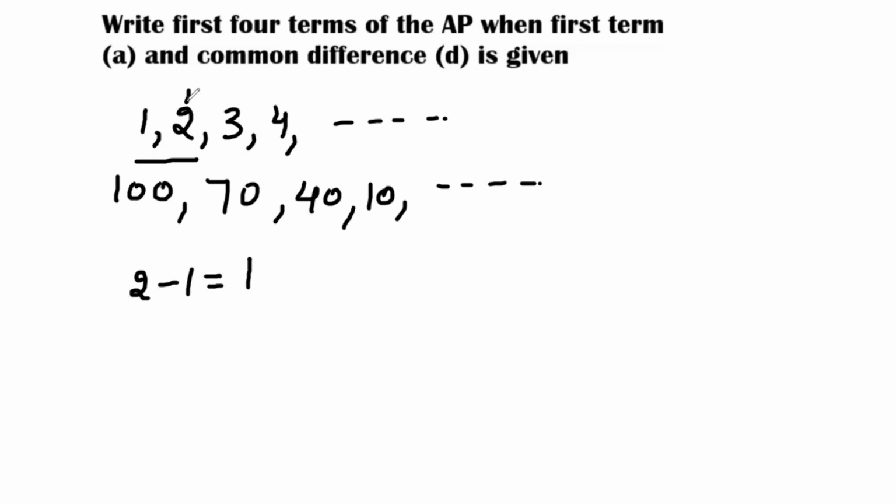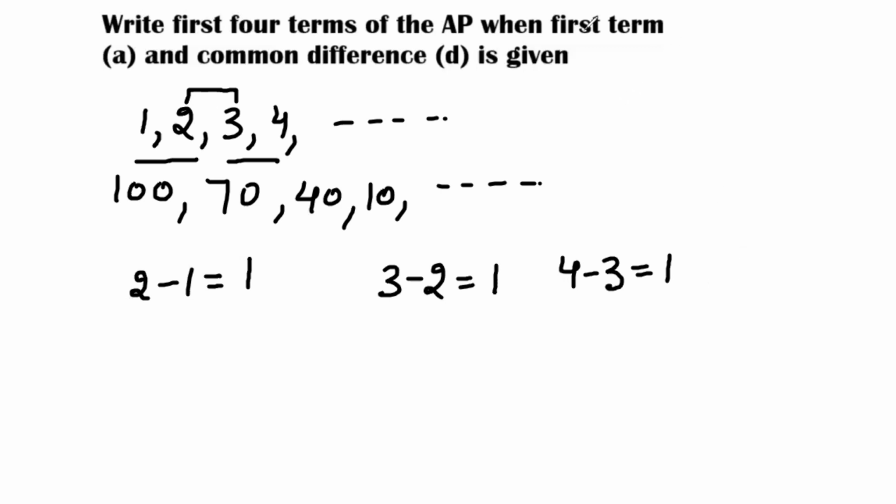Then the next two consecutive numbers, the difference is again 1. Then another two consecutive terms, 4 and 3, the difference is 1. So you can see that the difference between two consecutive terms is always the same. Such a series is called an arithmetic progression.